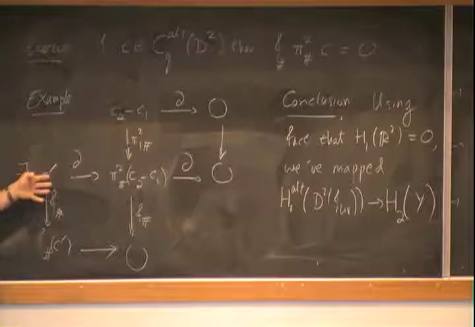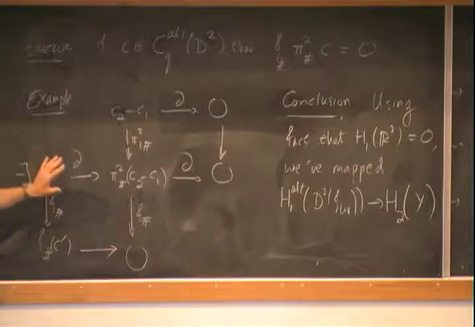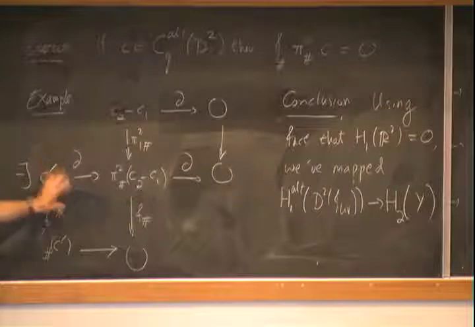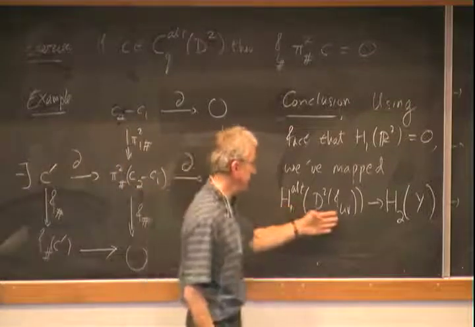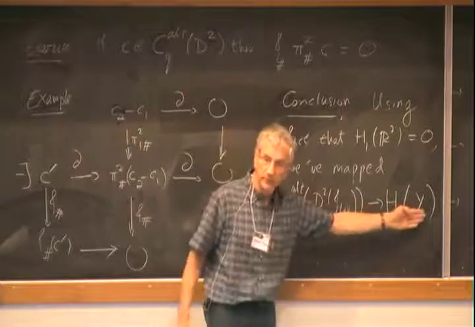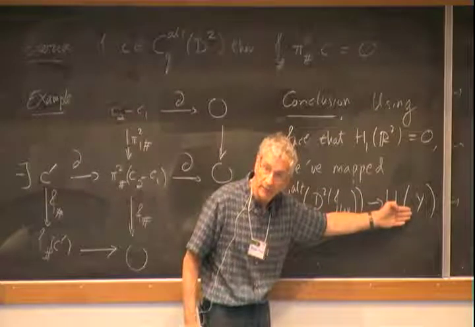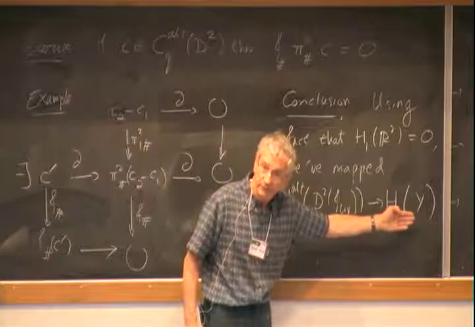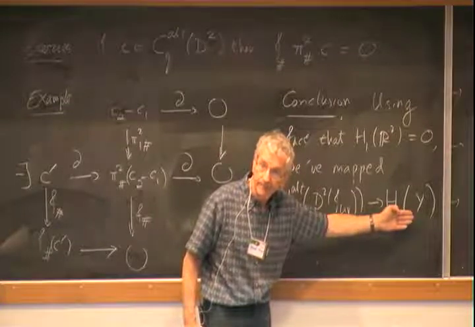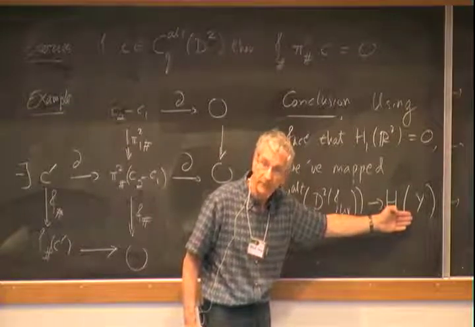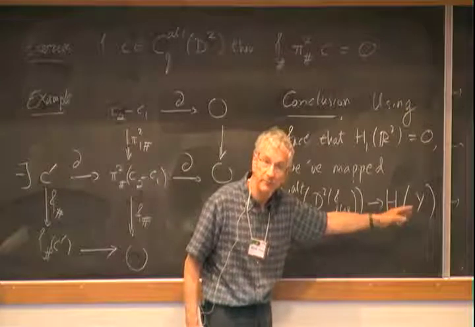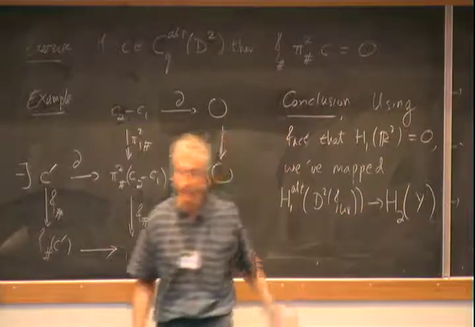But actually, H2 of R2 is also 0, so it doesn't matter. But if we were dealing with a domain which was not contractible, which did have an H2, we wouldn't really be getting a map from here into H2. We'd be getting a map from here into the quotient of H2 of Y by the image of H2 of X. But because R2 is contractible, that problem doesn't arise. So we really do have a map here.